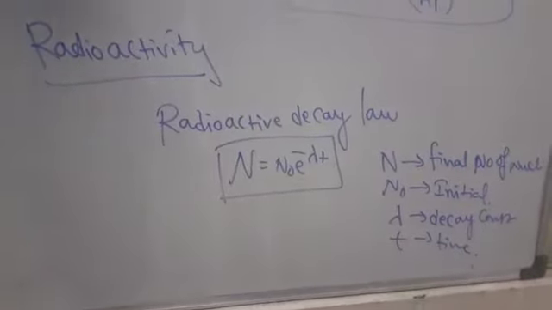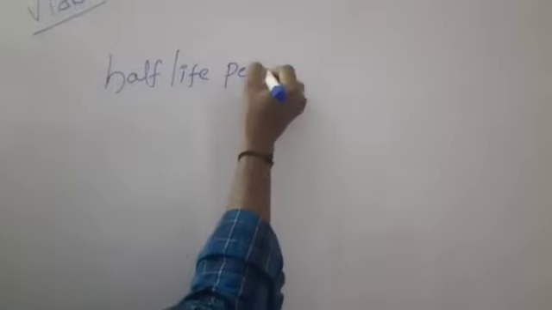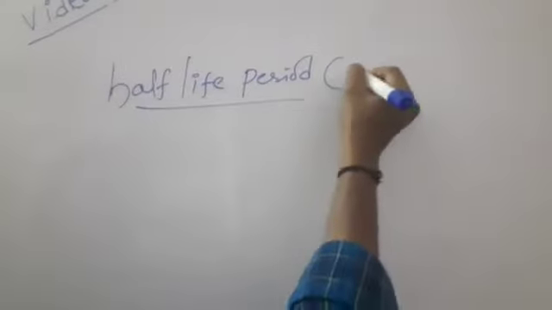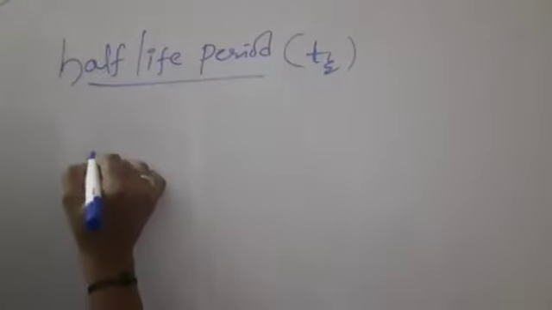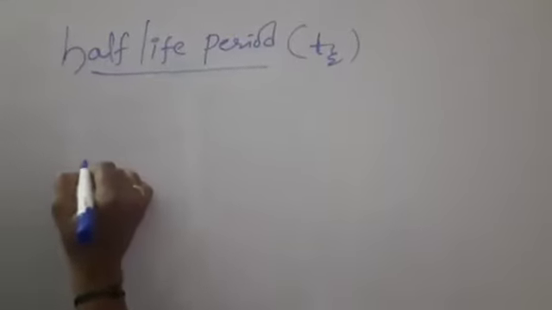Next, half-life period. The half-life period, t half, is the time taken by the radioactive substance to become half.